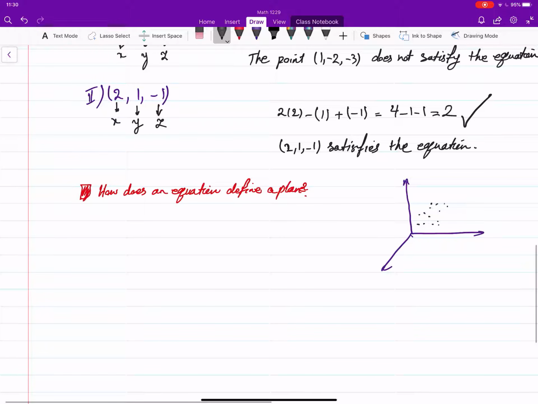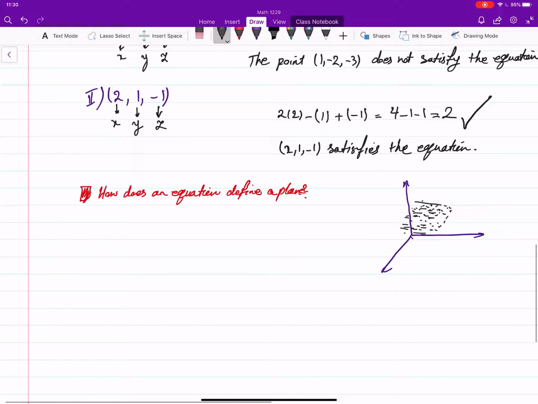There will be infinitely many of them, and if you put all of them together, what you will notice is that all of those points together form a plane in R3. That's how a linear equation in R3 defines a plane.